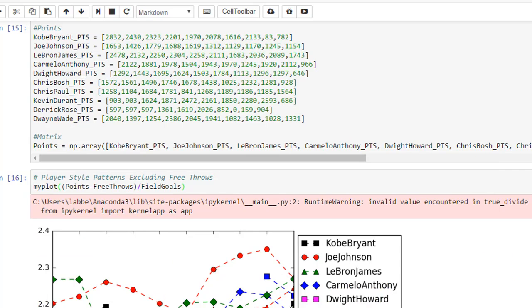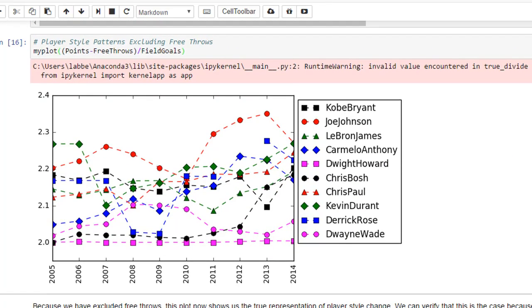Let's see. The matrix plotted here shows that the numbers are between 2 and 3. That makes sense because in the rules of basketball we can only have 2 or 3 points in field goals. We already excluded the 1 point, so it cannot mess up our average.